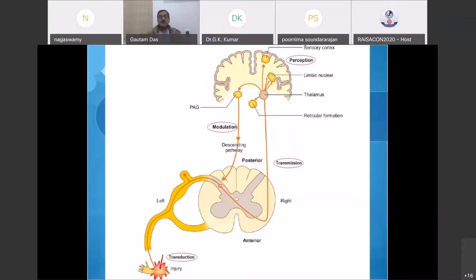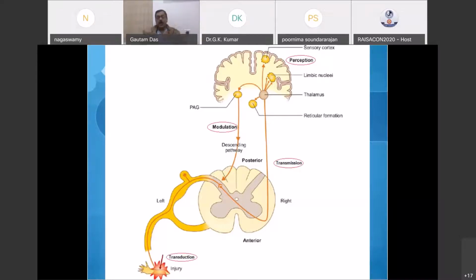This descending inhibitory pathway will be exhausted. So even though the pathology was the same, I will be suffering more pain, because earlier this was taken care of nicely by the descending inhibitory pathway, but now it cannot, because the system has been utilized for long, and gradually the same pathology is now going to create more pain.